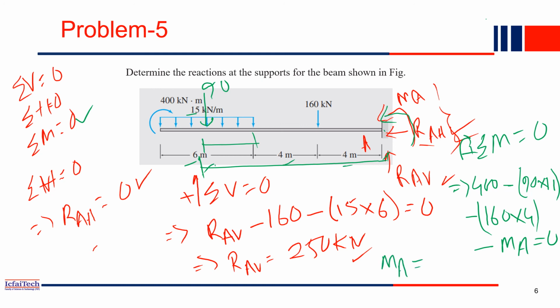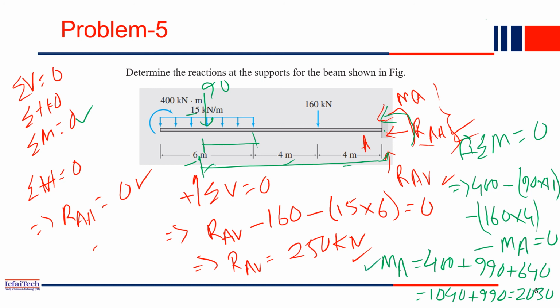So MA equal to 400 plus 90 into 11, that is 990, plus 160 into 4, that is 640. So you just add it, you will get 1040 plus 990, which is 2030.